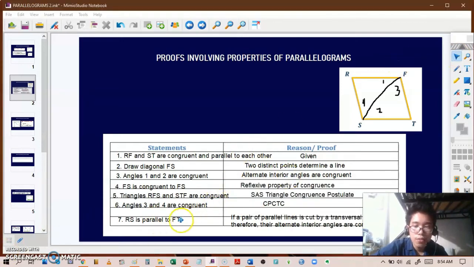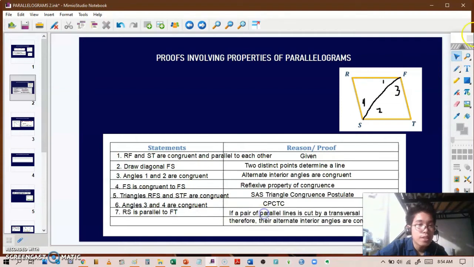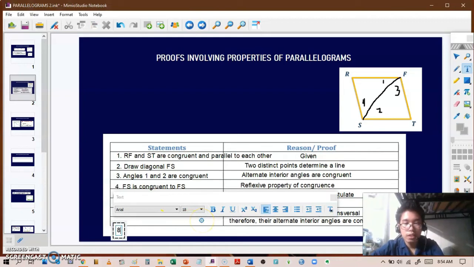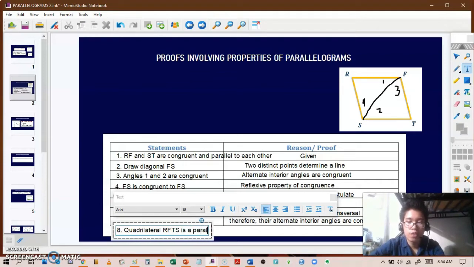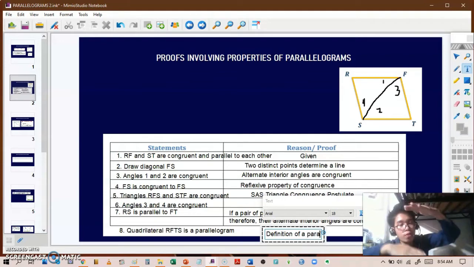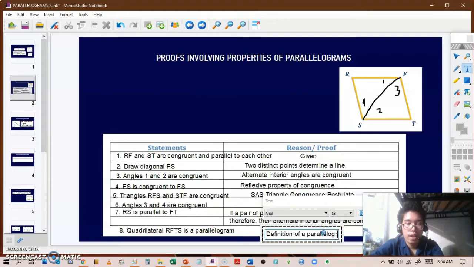And lastly, for our eighth statement, we can finally say that quadrilateral RFTS is a parallelogram, through the definition of a parallelogram, because we've already seen that both pairs of opposite sides are parallel.